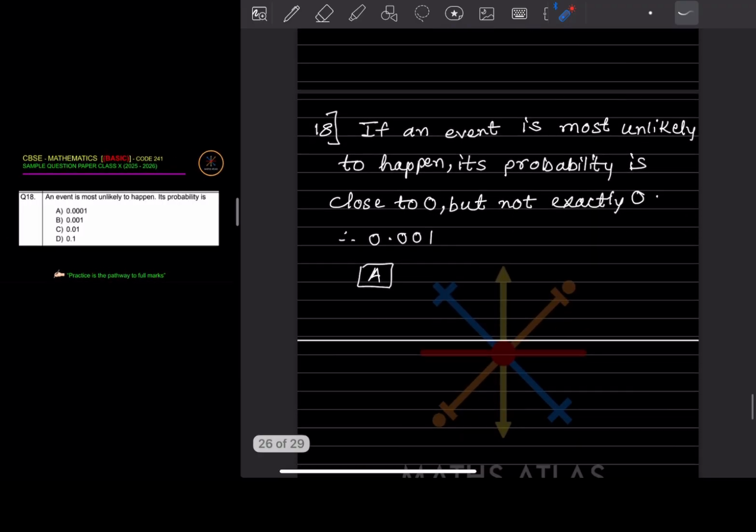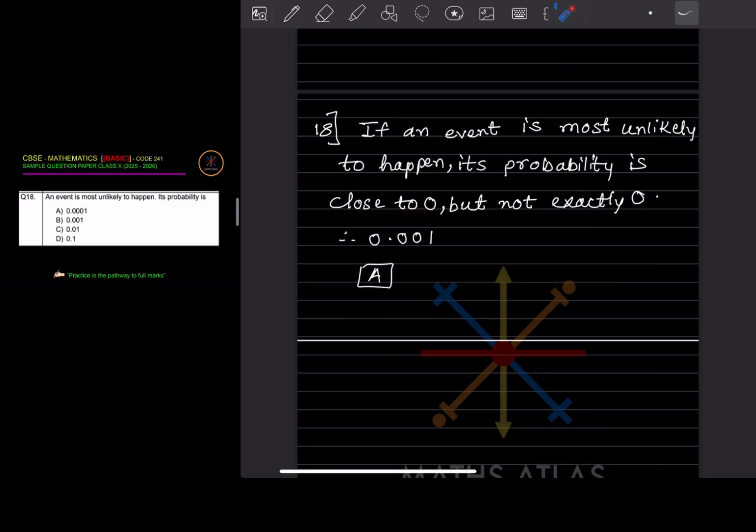An event is most unlikely to happen, so its probability is? If an event is most unlikely to happen, it means its probability is close to 0, but not exactly 0.